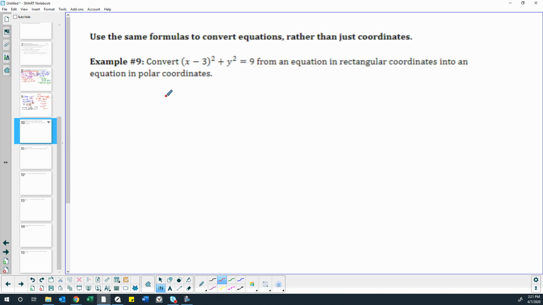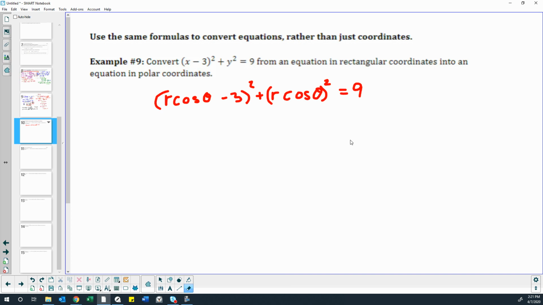So x would be r cosine theta, and then we have (r cosine theta minus 3) squared, and then we have r cosine theta, and that thing would be squared, and that equals 9. Notice how we no longer have x and y in our formula at all. Everything is r's and thetas.